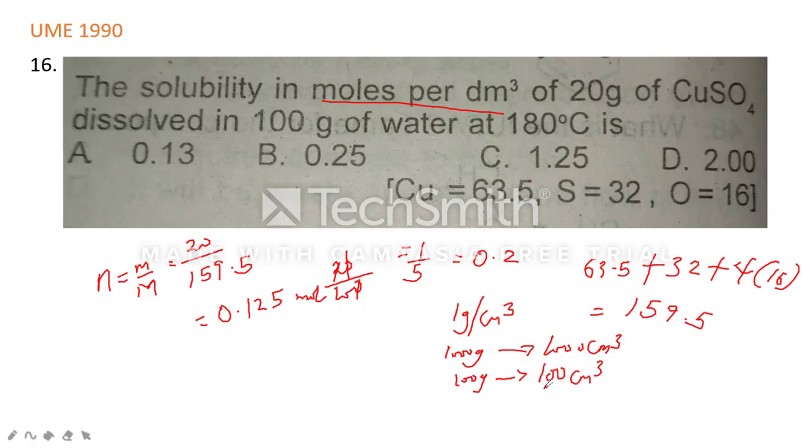If I want to get this in decimeter, I need to say 100 divided by 1,000. So I'm converting to decimeter, and I'll have 0.1. So the solubility is going to be 0.125 divided by 0.1, that will be 1.25. So I've got option C, which is 1.25 moles per dm cube.